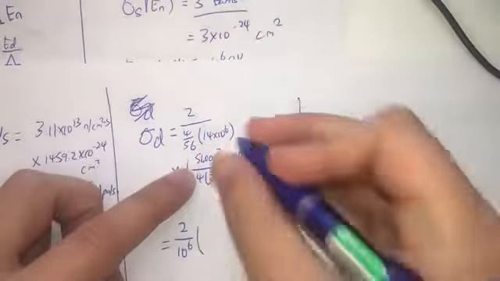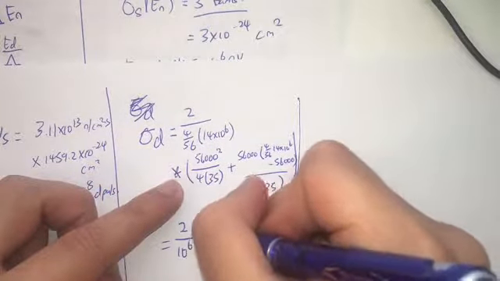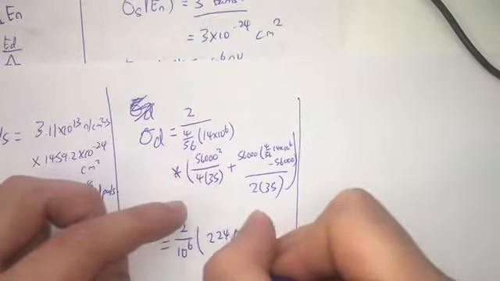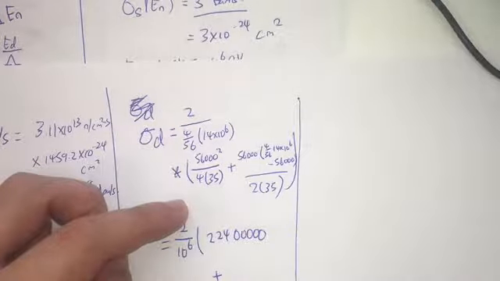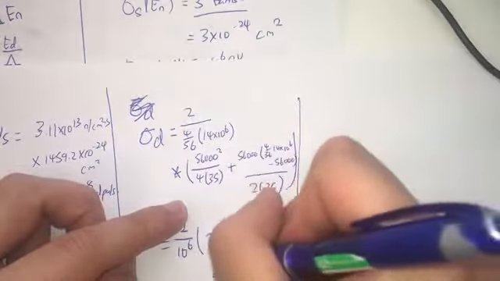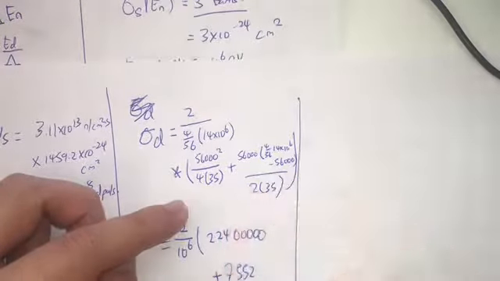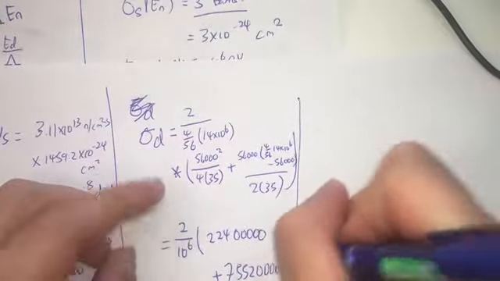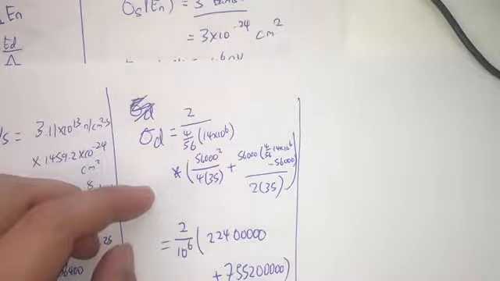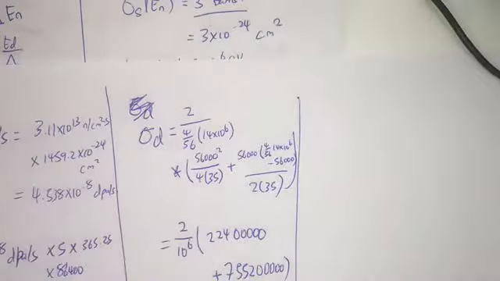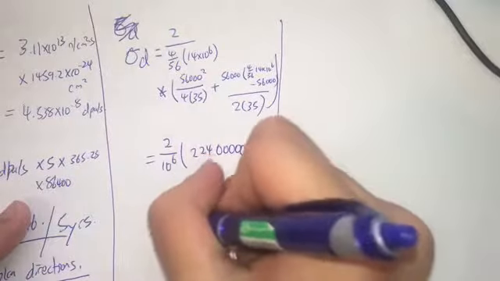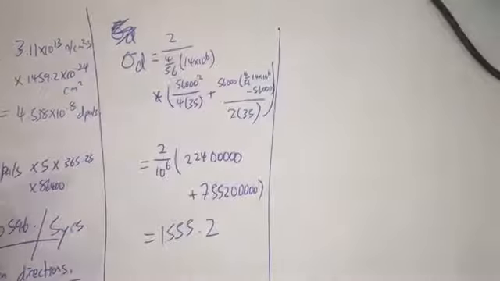Second term here will still be 224 with 5 zeros at the back. Second term here will be 7552 with 5 zeros at the back. And all this will be multiplied by 2, and we have a displacement cross section of 155.2.